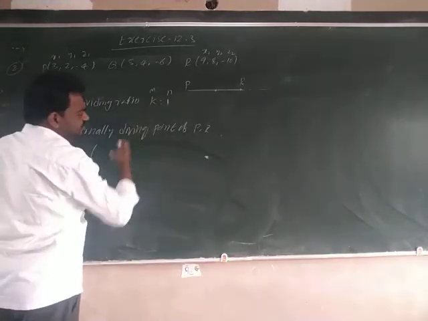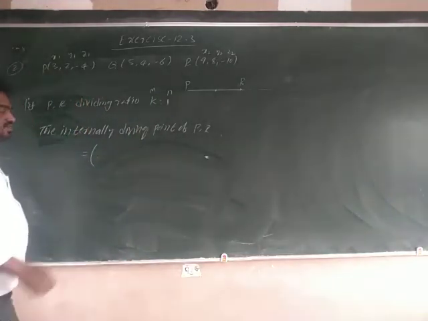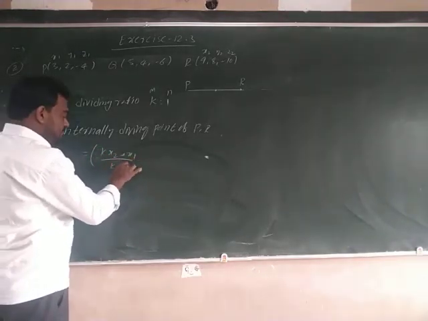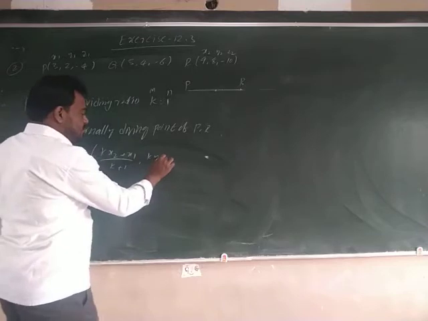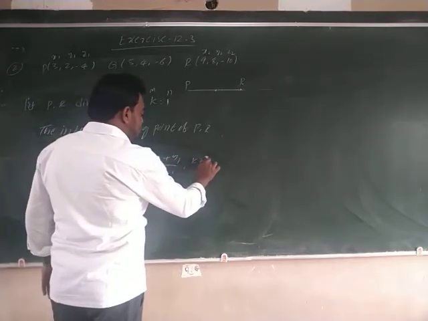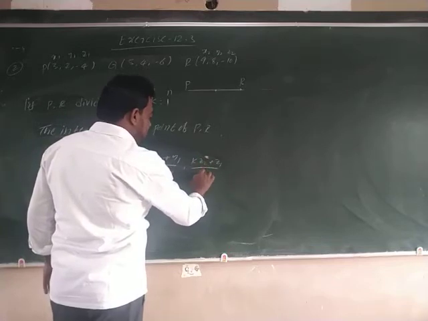Otherwise, the k formula we also know: (kx2 + x1)/(k + 1), comma (ky2 + y1)/(k + 1), comma (kz2 + z1)/(k + 1).